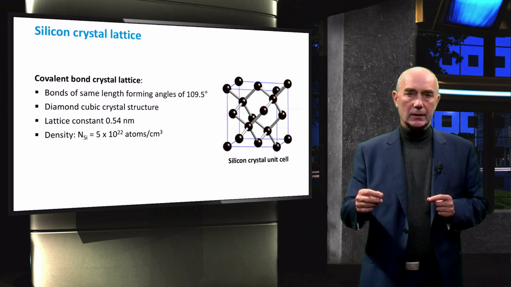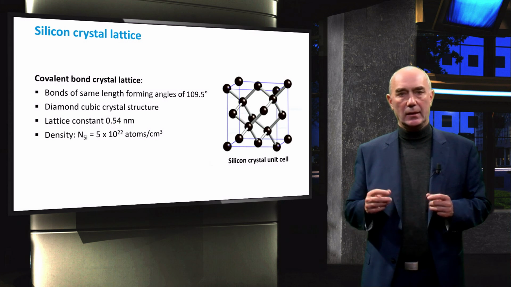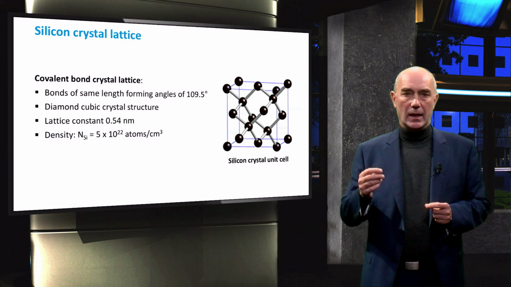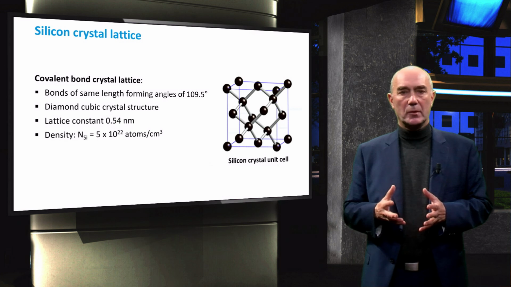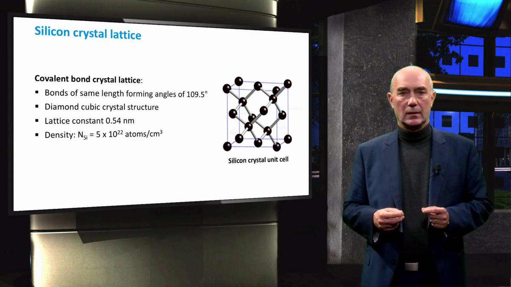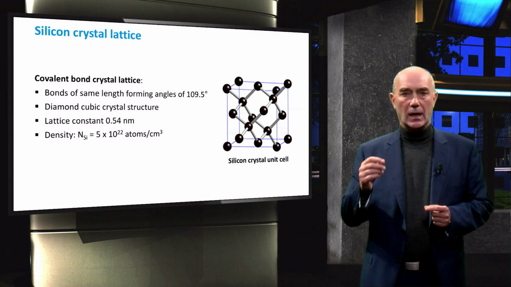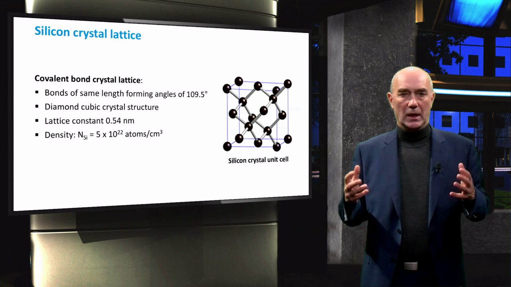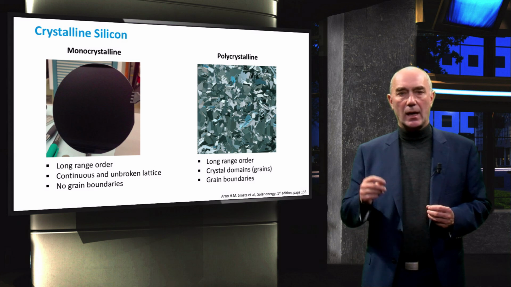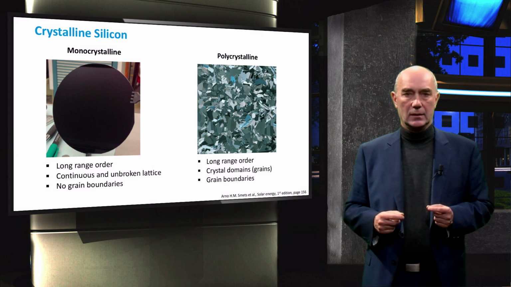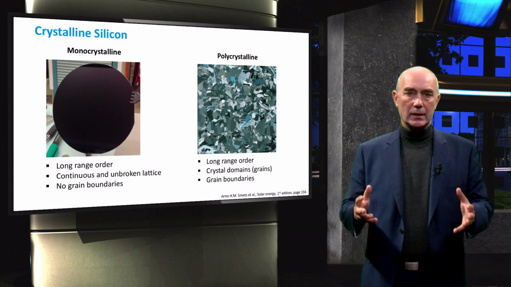In the case of silicon, this unit cell is similar to the one of diamond. With 8 atoms contained in the volume of the unit cell, we can also derive the density of silicon, which amounts to 5 times 10 to the power of 22 atoms per cubic centimeter. Macroscopically, this is how monocrystalline and polycrystalline silicon wafers look like. The differences are clearly visible.